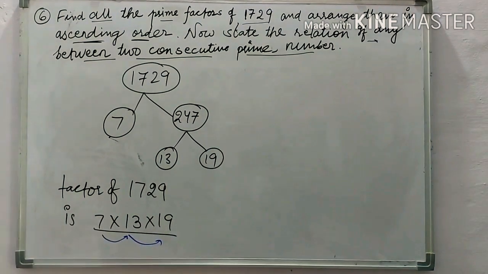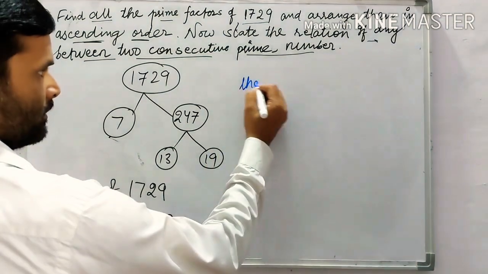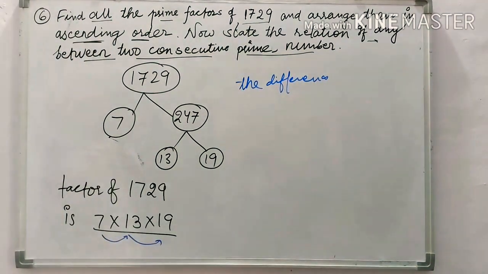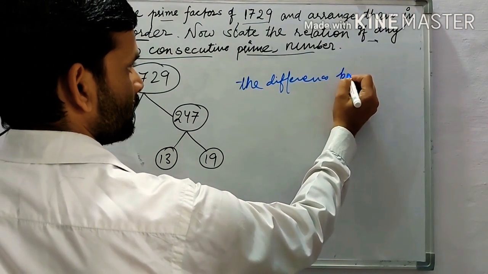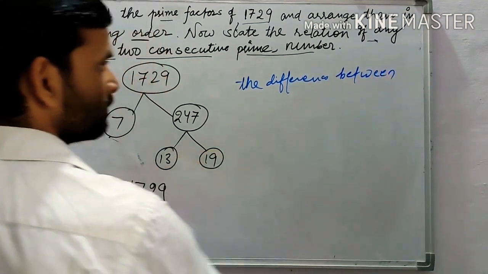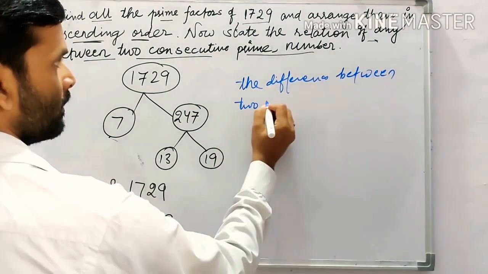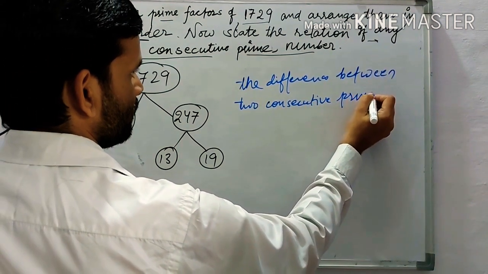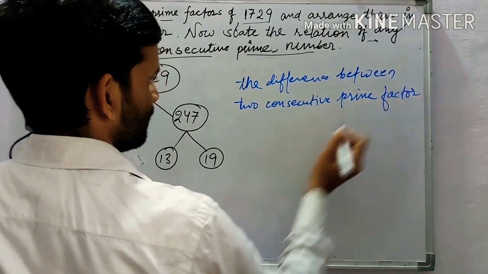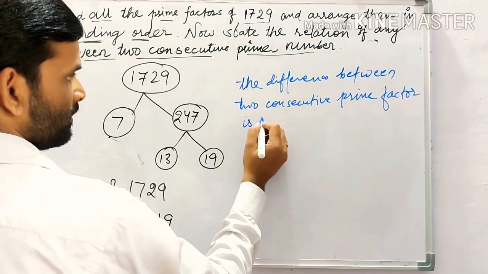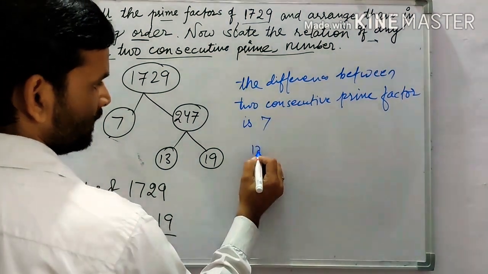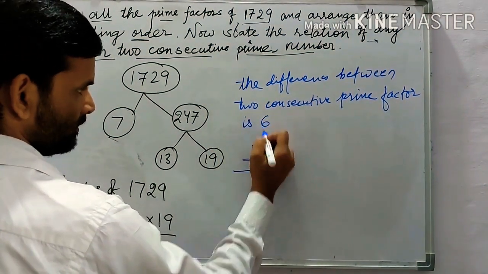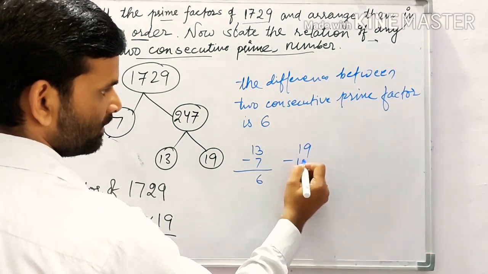The relation is the difference between two consecutive prime factors is 6, because 13 minus 7 is equal to 6 and 19 minus 13 is equal to 6.